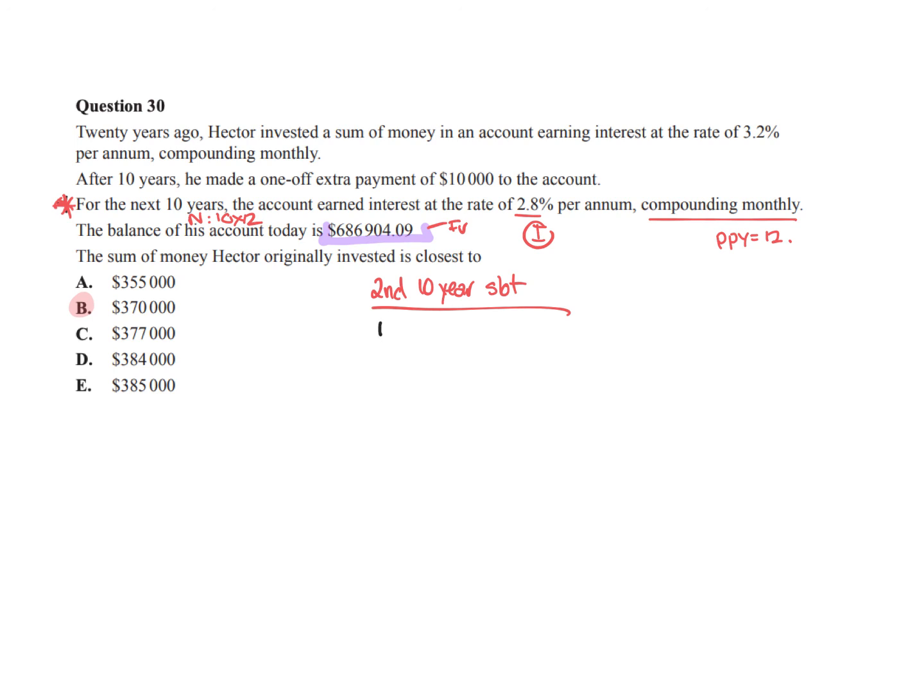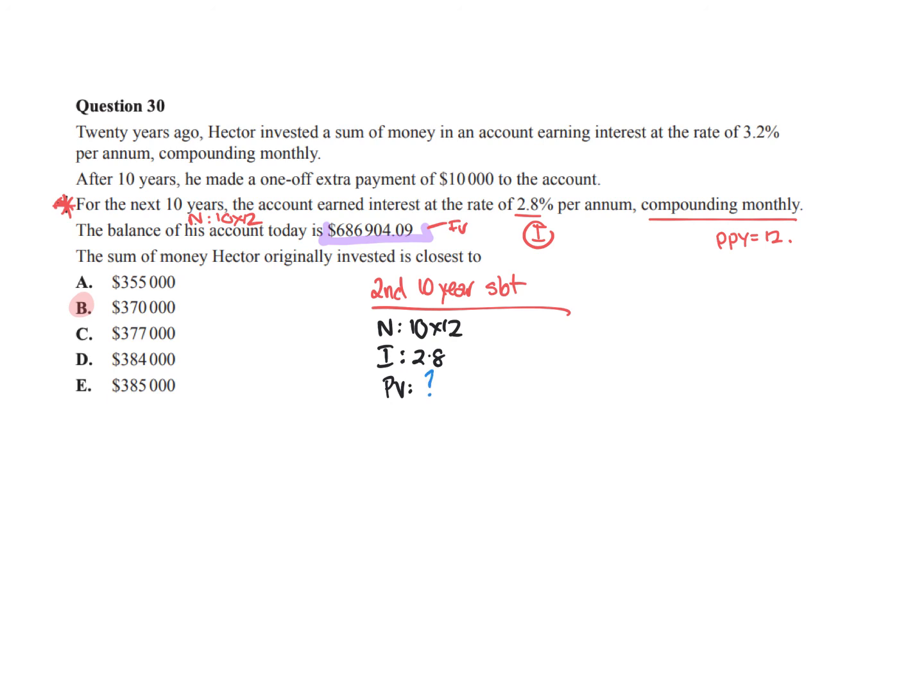So we're looking for the PV at this second lot of 10 years. We know he went for 10 years at monthly, so 10 times 12. We know the interest rate was 2.8. This PV is what I'm trying to find out. What did he start with?